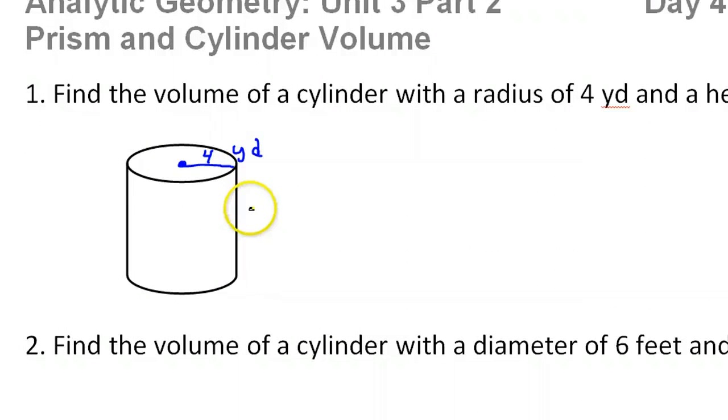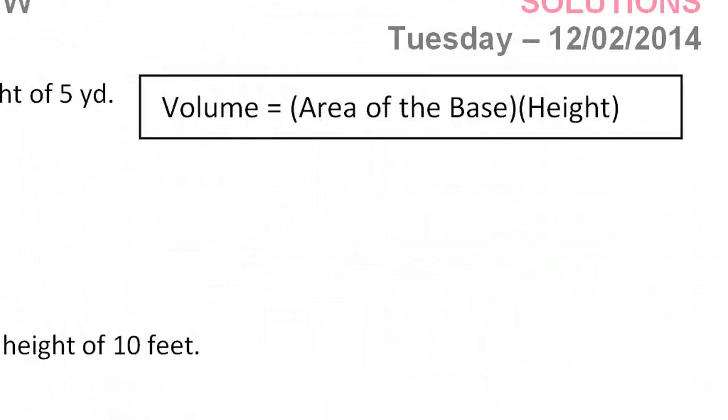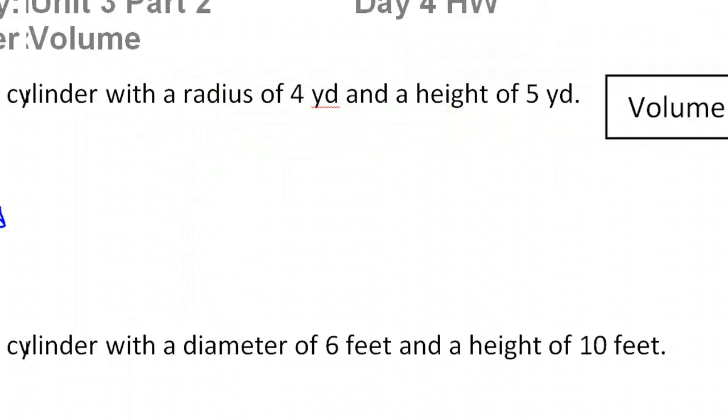That's this height over here, which goes up and down like this. Like I said a moment ago, the volume will equal the area of the base times the height.